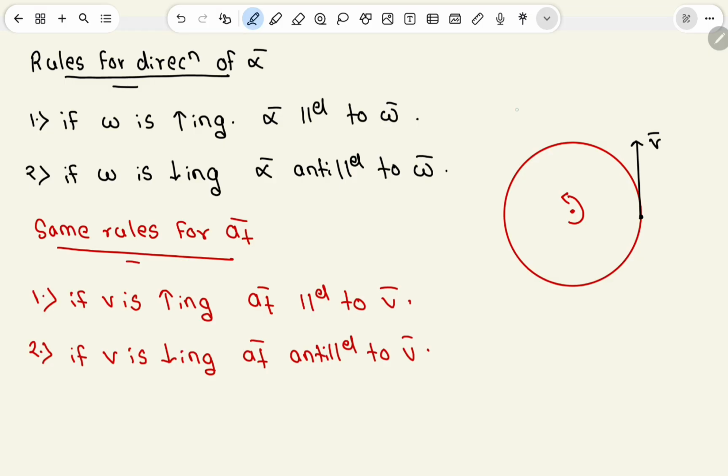Now if I state that the magnitude of velocity, that is speed V, is decreasing, then in this case, the AT bar will be anti-parallel to V bar. If velocity was increasing instead of decreasing, then AT bar would have been parallel to V bar. Okay, so this is how you plot the directions of alpha bar and AT bar for the cases of increasing speed and decreasing speed.